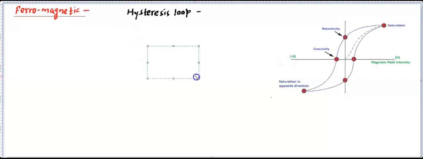Let's say this is a ferromagnetic material that we have. That's a sample of that material. And we are applying a field H, or in the field we are placing this. Then we will be studying how this I is going to behave with that field.